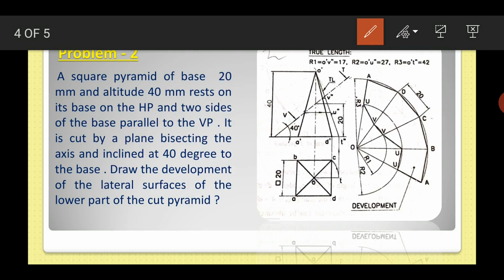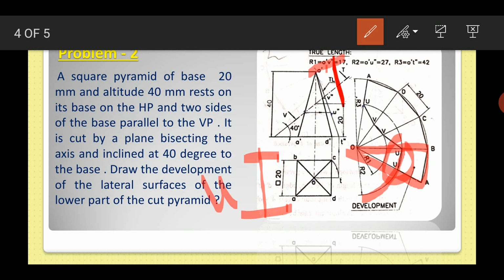I will take this part, rotate this R2 arc and draw the arc. I will mark U here, you can see U and U. A and B, this side is what I cut. So that measurement is this radius length.